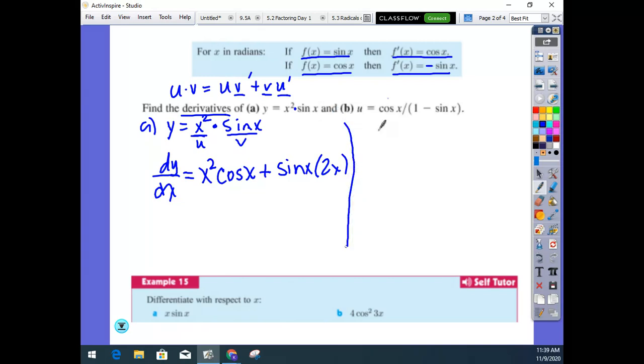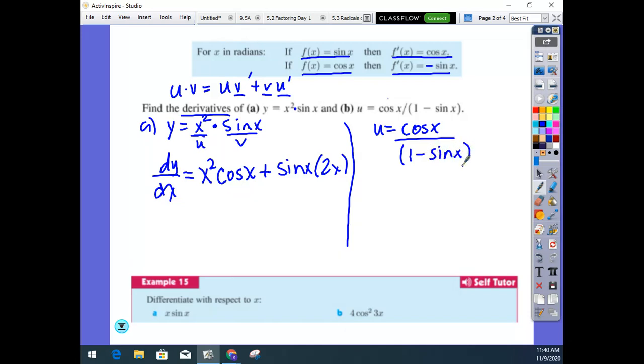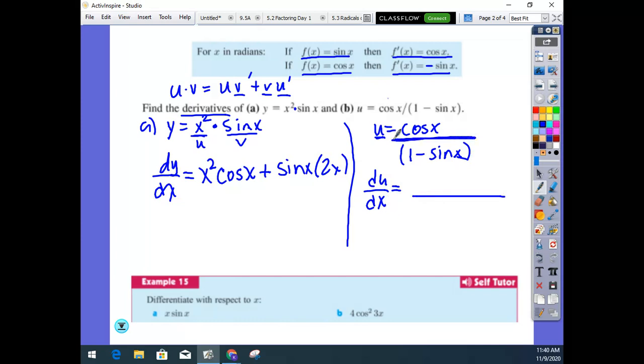All right, this one starts with y equals cosine x over 1 minus sine of x. So this time I'm going to say dy dx equals. This is a quotient. So I'm going to square the bottom.